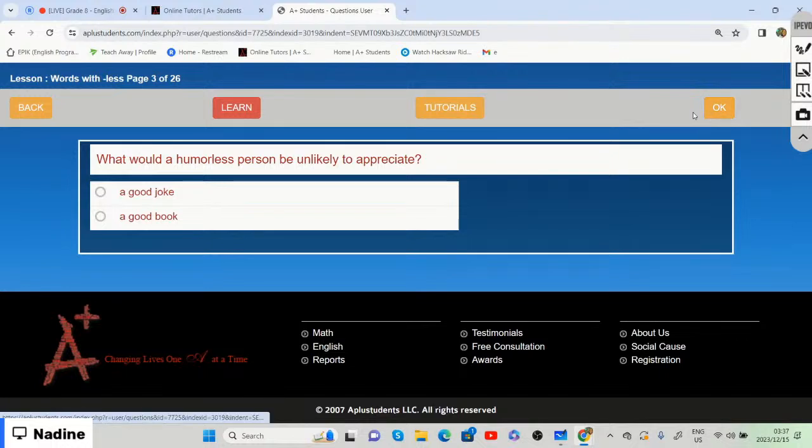A humorless person, meaning you don't have any humor, is unlikely to appreciate a good joke.